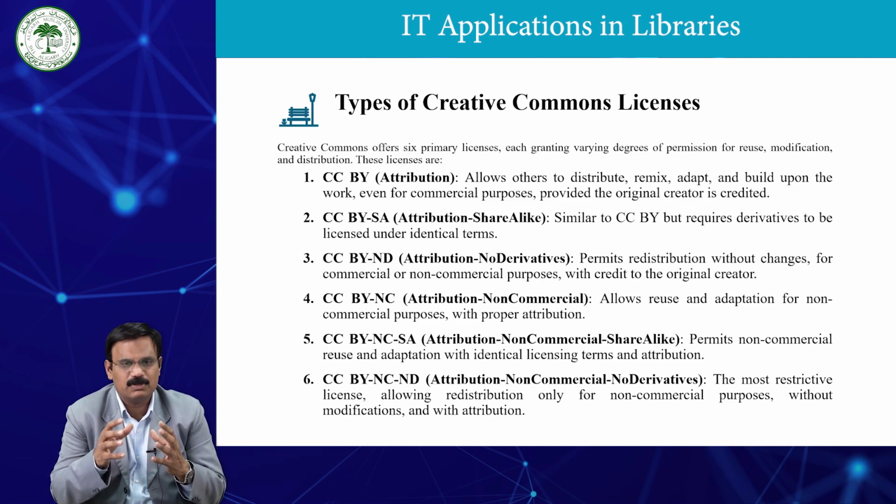CC BY-NC, attribution non-commercial, allows reuse and adaptation for non-commercial purposes with proper attribution. And the fifth Creative Commons license, CC BY-NC-SA, attribution non-commercial share alike, permits non-commercial reuse and adaptation with identical licensing terms and attribution.